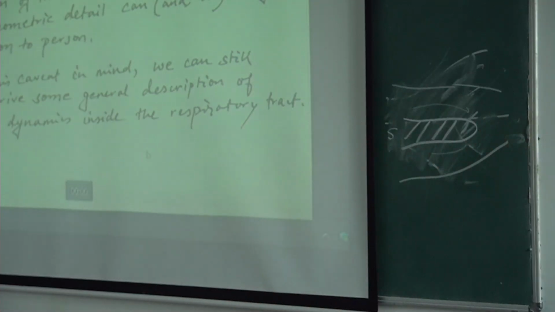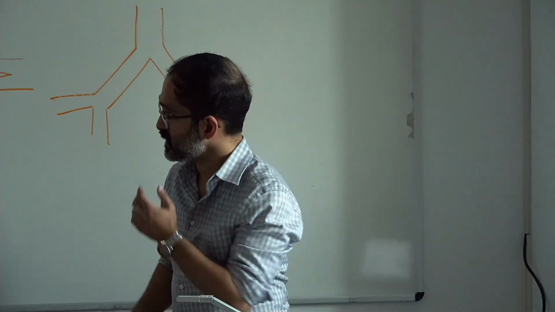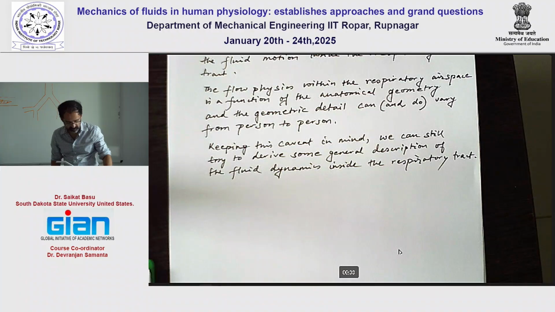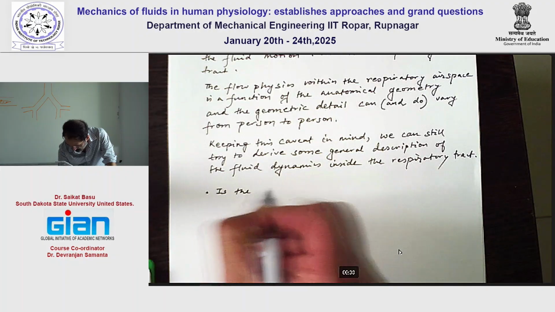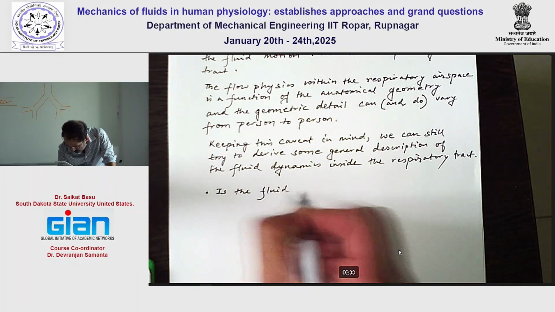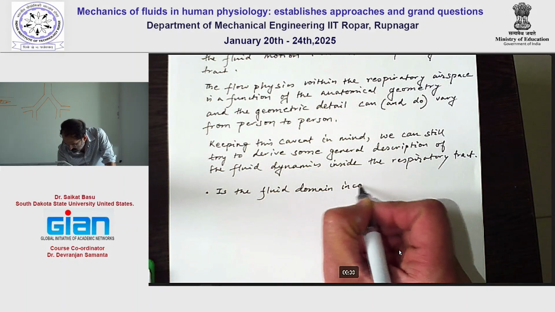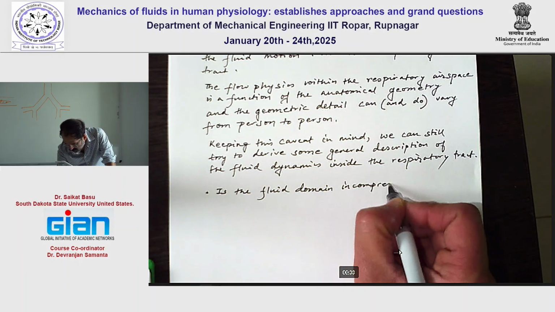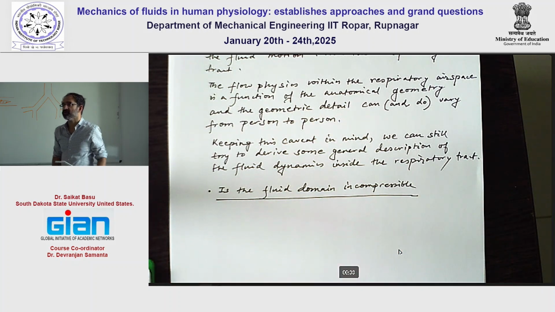But before we go in that direction, the fundamental approximation or assumption that goes into the flow field is: is the fluid domain incompressible? And frankly, I never really thought about this question.